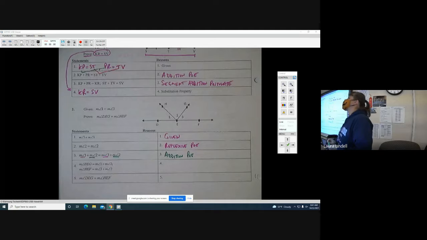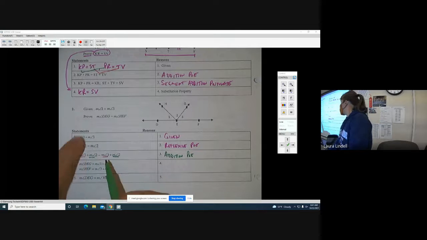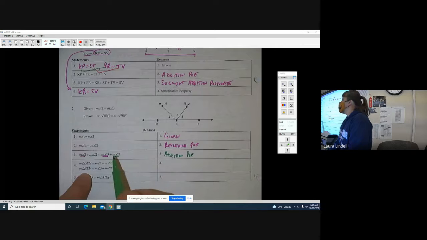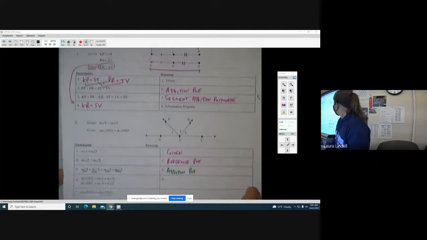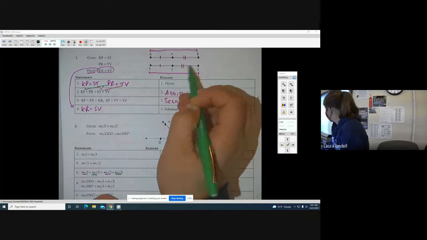Alex. So what's the difference between the addition postulate and the segment? Good question. Addition postulate is when you're taking an equation and you're adding the same thing to both sides. So like if I add angle 2 to both sides here, that's regular addition. Segment addition is when you take like 2 segments and you add them together and it equals a third segment.